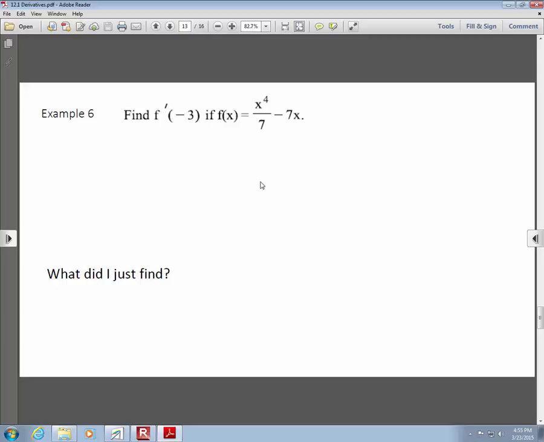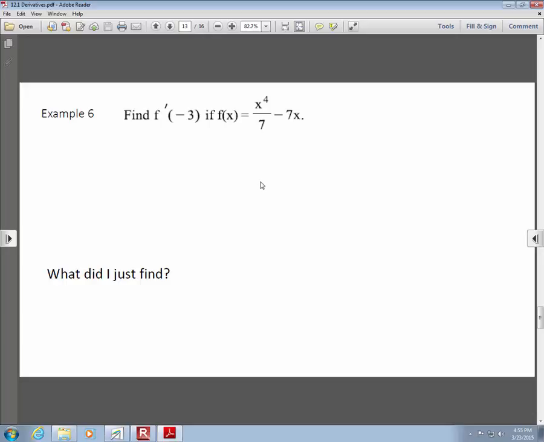They want me to find the derivative at x equals negative 3. So they want me to plug negative 3 into that function. So f prime of negative 3, plug that negative 3 into your derivative function.